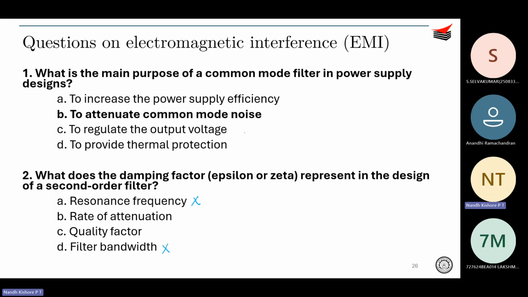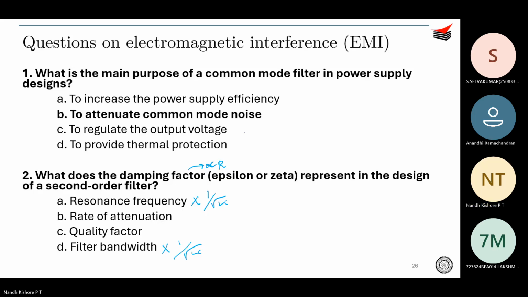Damping factor is proportional to resistance, and resonance frequency is 1 by 2 pi root LC. By extension, bandwidth is also related to 1 by 2 pi root LC. Therefore, it is independent of my frequency terms. Do you agree till this point?